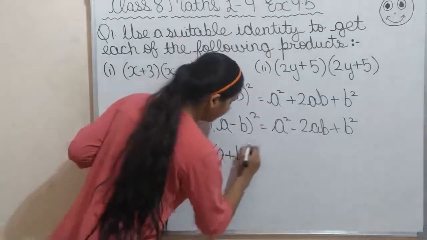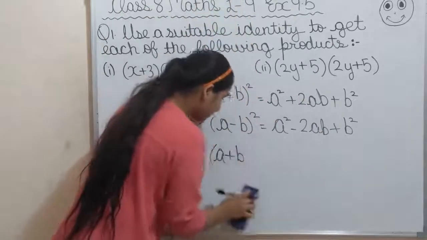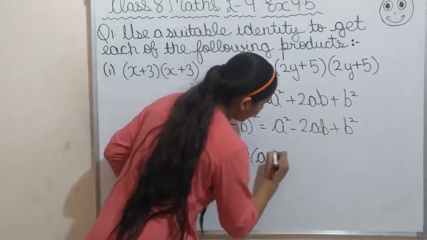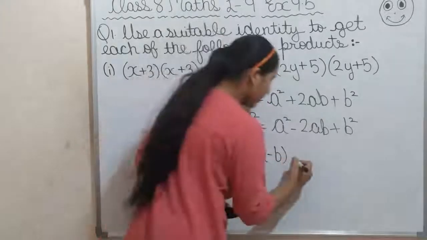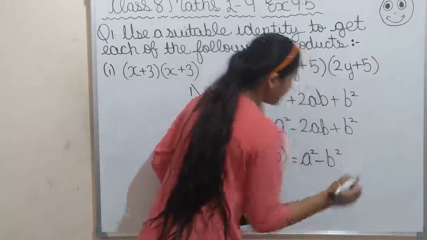Then third one is a plus b, bracket close, then open a minus b, then close. So it is a square minus b square. This is a simple one.